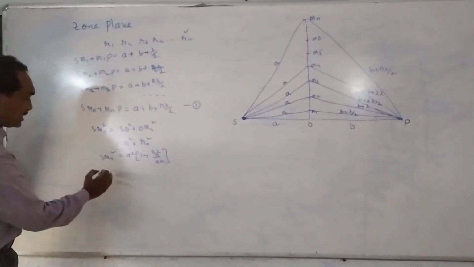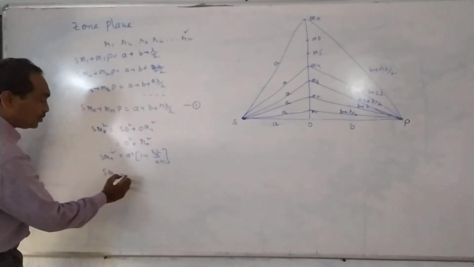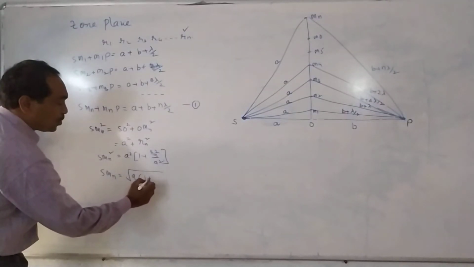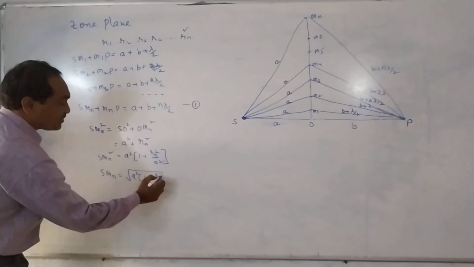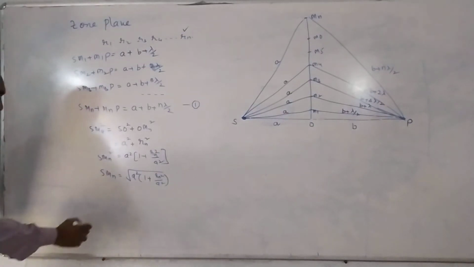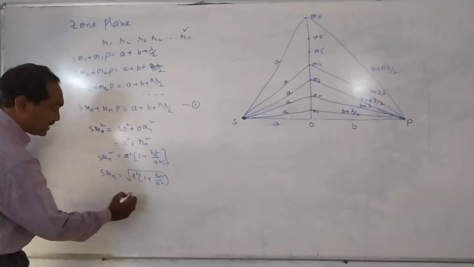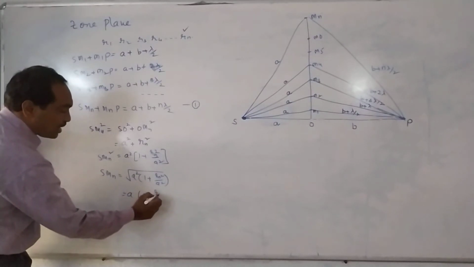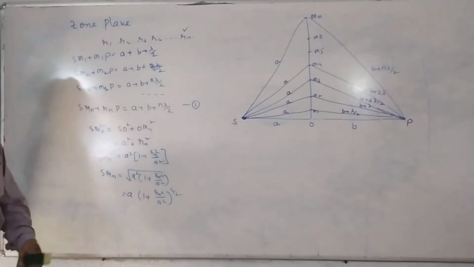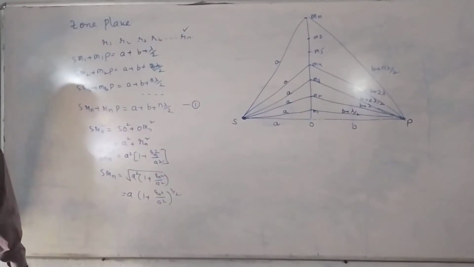So SMn is equal to the square root of a square into 1 plus Rn square by a square, that is a into 1 plus Rn square by a square, to the power half. Square root is nothing but the power half.